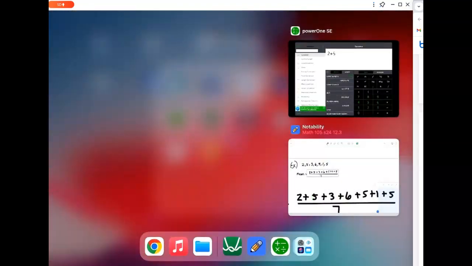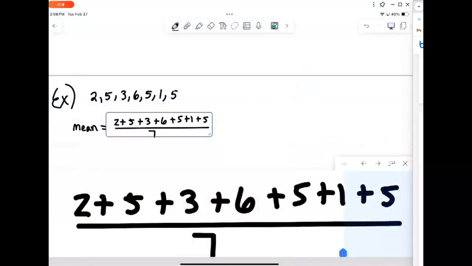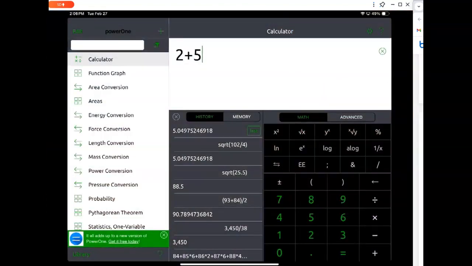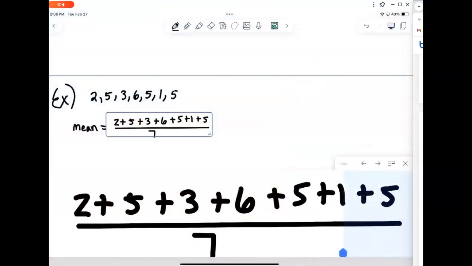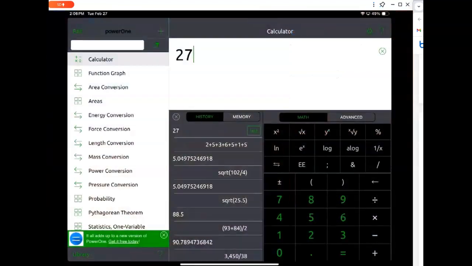So 2 plus 5 plus 3 plus 6 plus 5 plus 1 plus 5. When we do that, we get a total of 27.